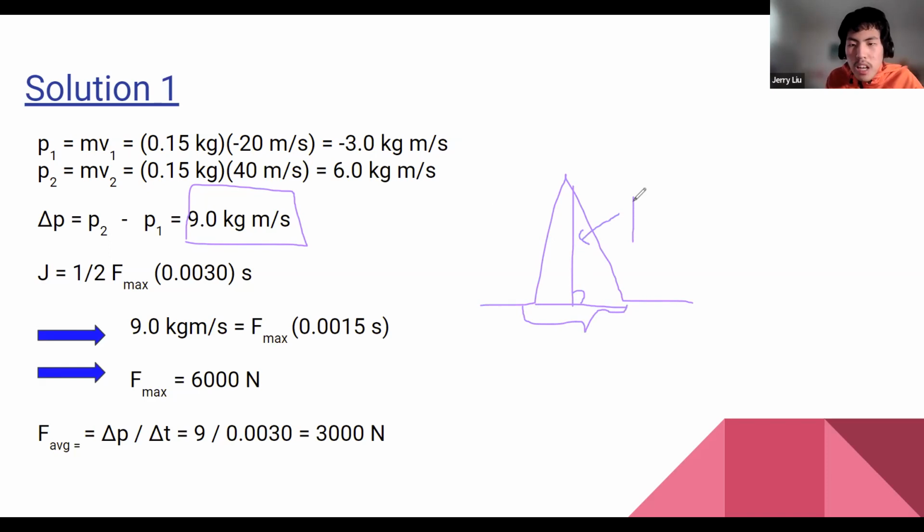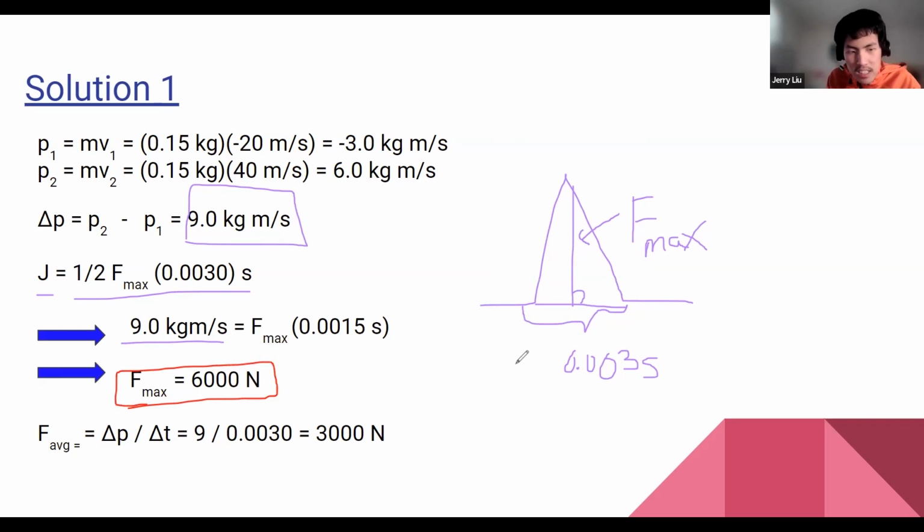The height is F max, and we were given the duration of this force, which was 0.003 seconds or 3 milliseconds. So we can substitute that in with this formula, and then substitute in J with 9 kilogram meters per second. And we can solve for F max, which gives us 6,000 newtons.